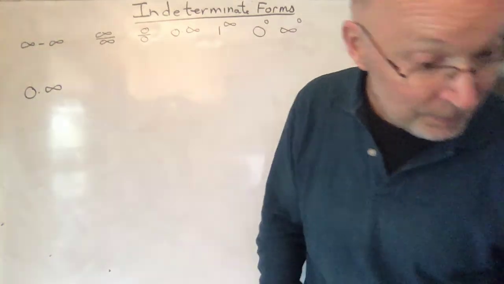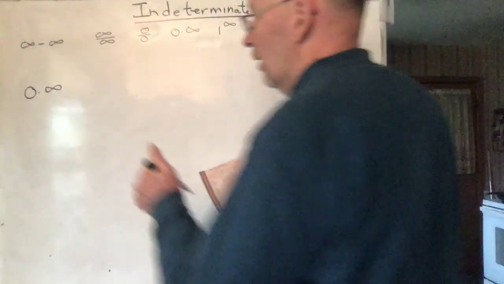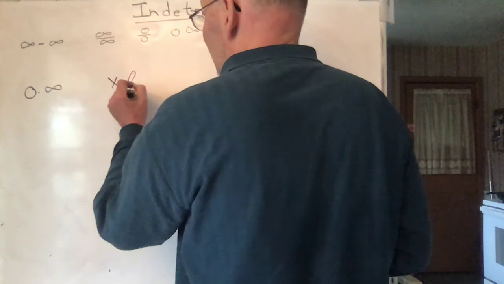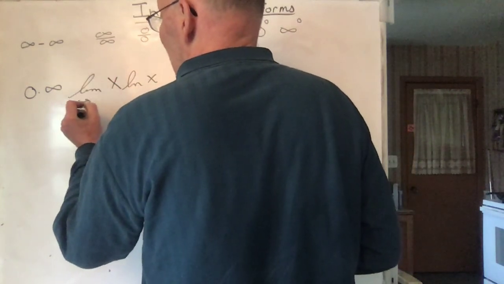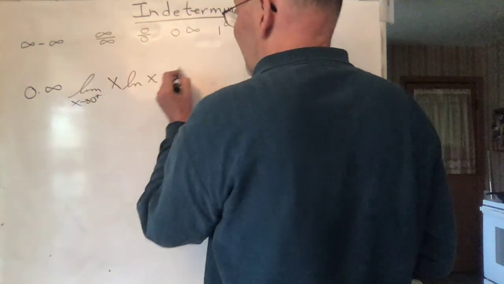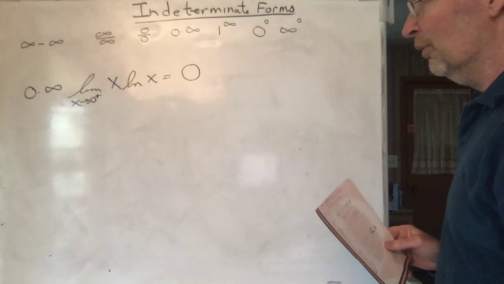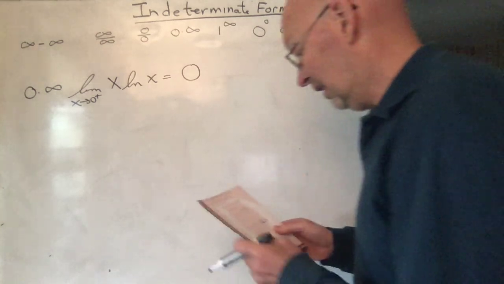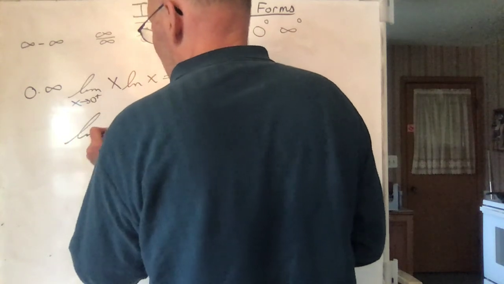But let's do another one that's a little more interesting. We did x times the ln of x in the last lesson. And we saw that thing ended up going to 0. Okay, so that was one where we needed L'Hopital's rule. Let's try another one where we'll need L'Hopital's rule.